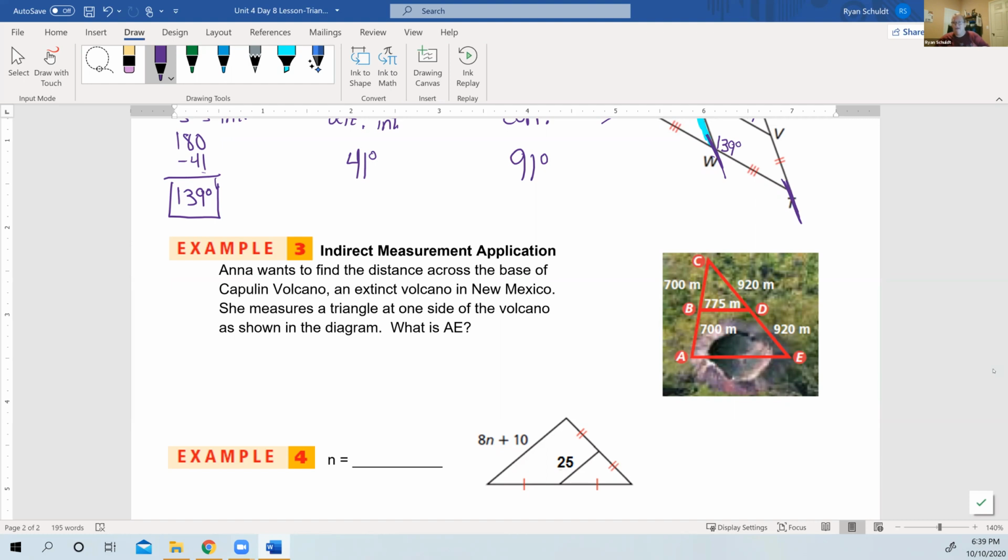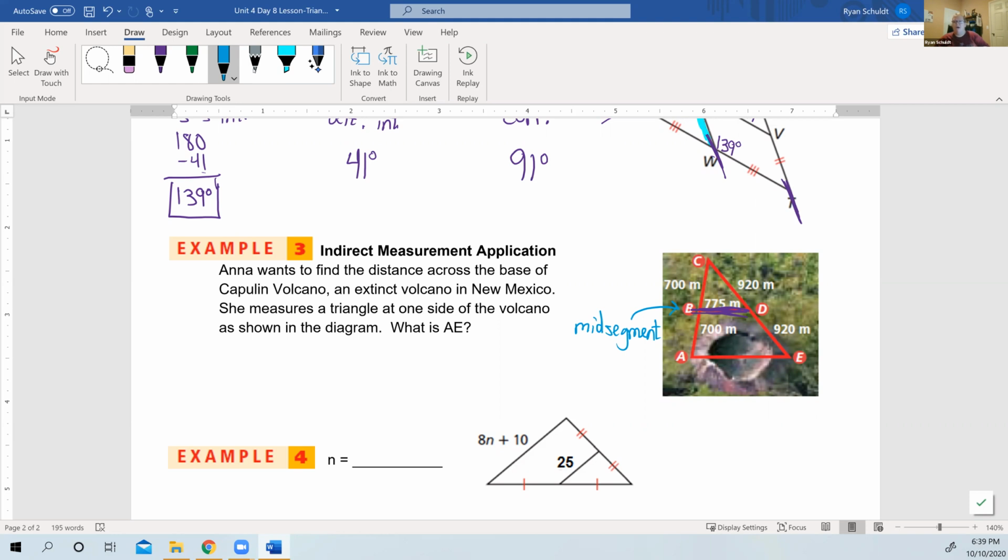So notice that BD is a mid-segment. That's a mid-segment, because B is halfway between C and A, and D is halfway between C and E. So that makes a mid-segment.